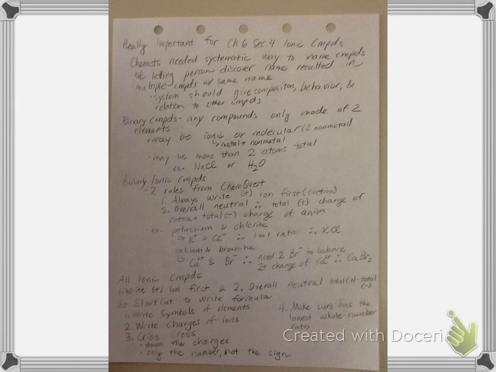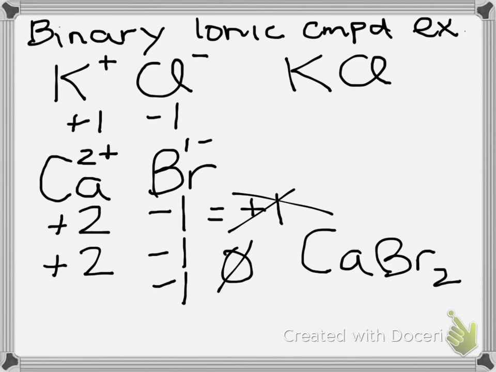So you're going to write the symbols for the elements, you're going to write the charges of the ions, you're going to crisscross only the numbers, okay? And then you always want to make sure that you have the lowest whole number ratio. So if we look at those same 2 examples again with the crisscross, here I've done step number 1. I've written my symbols.